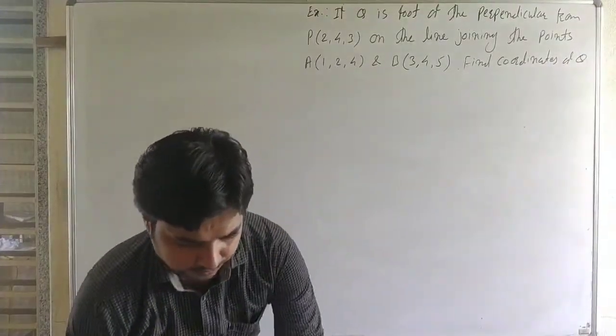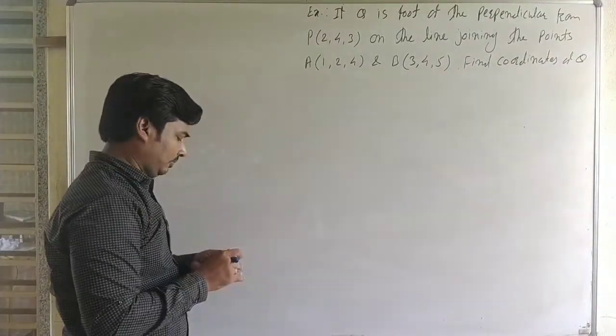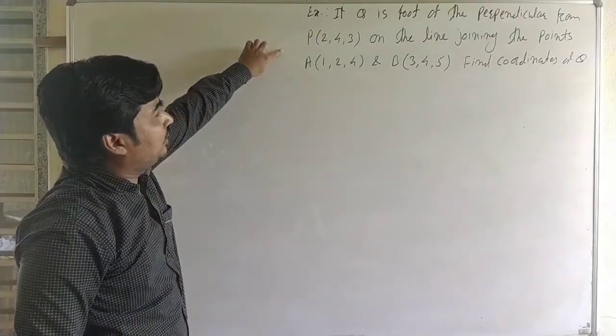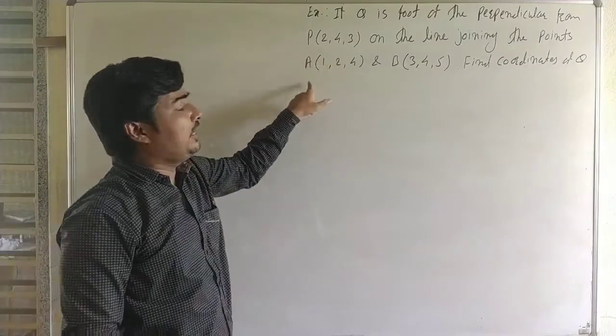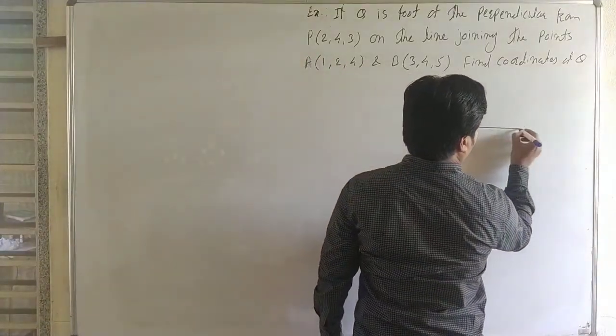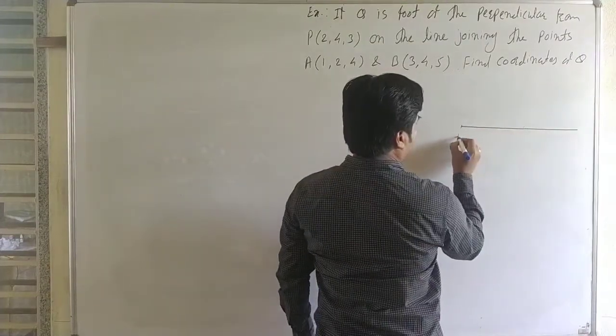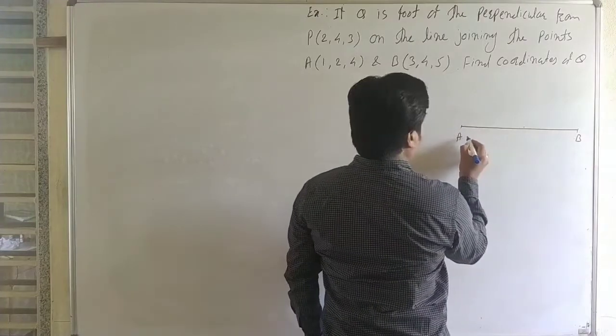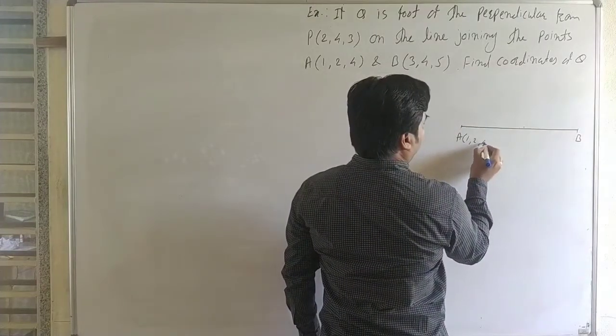Okay, here Q will be the foot of the perpendicular from point P on the line joining points A and B. Okay, now here suppose it is A and it is B. Okay, coordinates of A are 1, 2 and 4.